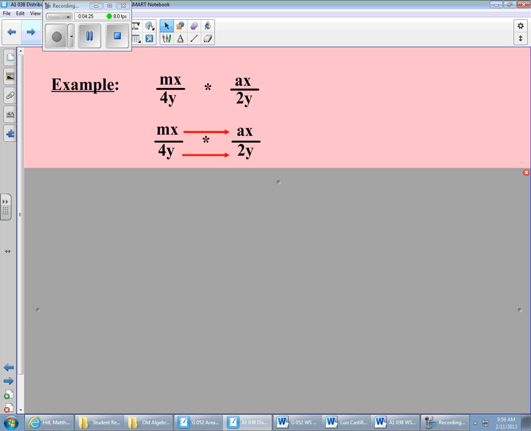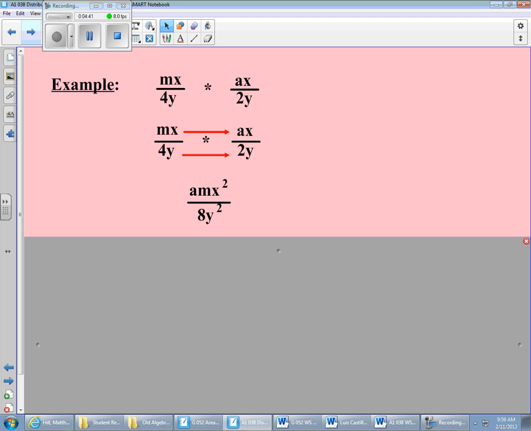Yeah, there's going to be an m to the first, there's going to be an a to the first, and there's going to be x squared. Exactly right. Okay, now what's in the denominator? 8y squared, right? Y times y. Add the 1 and the 1 up for the exponents, 8y squared. There you go, amx squared over 8y squared.